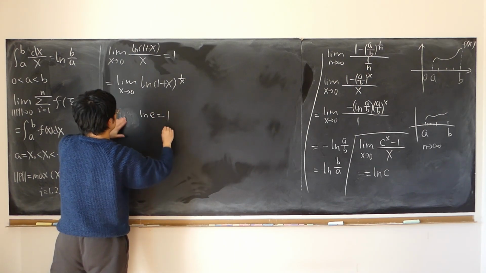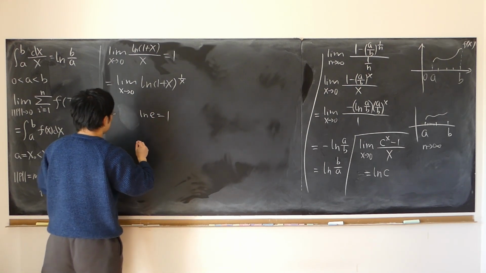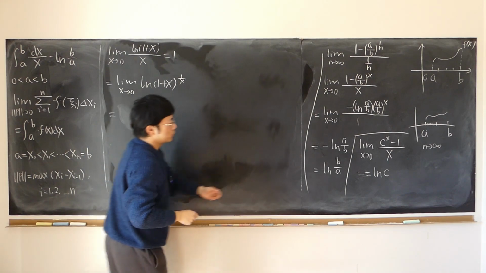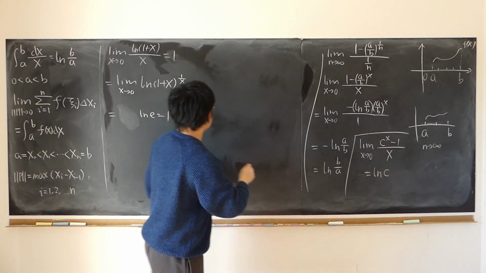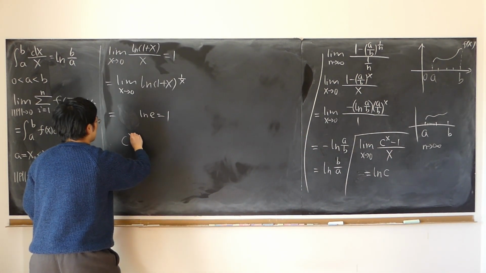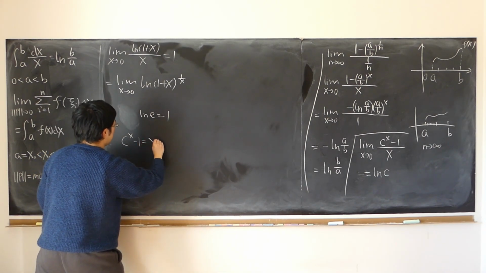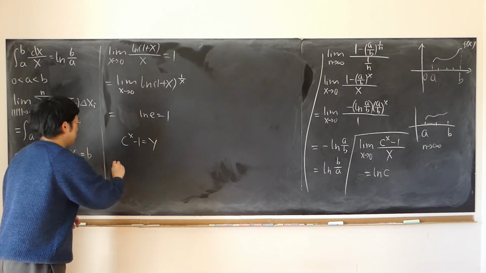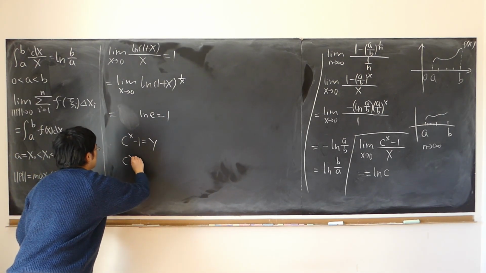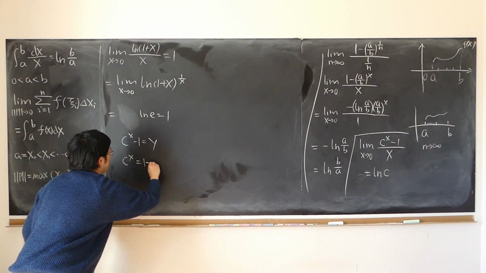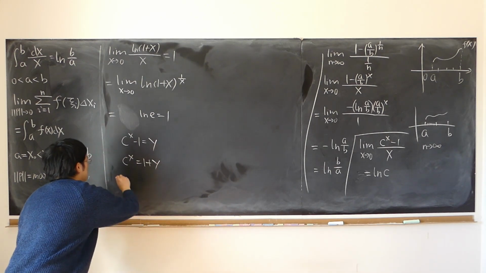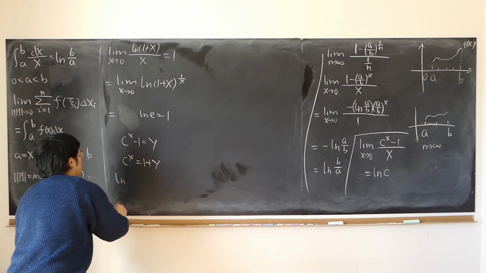Then in order to solve for this limit, I just let c to the power of x minus 1 equal y. In that case, c to the x is equal to 1 plus y. We take the logarithm on both sides.